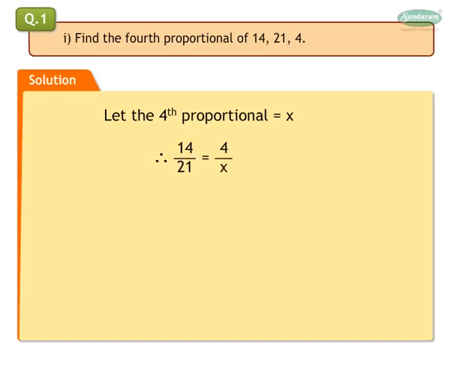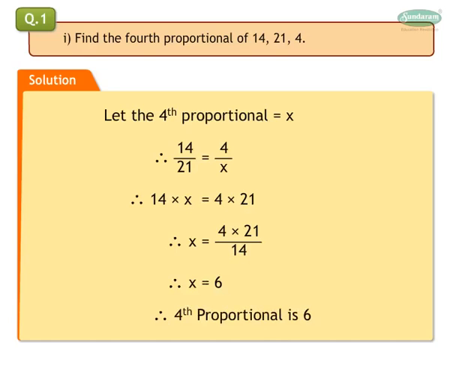Now let us cross multiply to solve the equation. Therefore, 14 into x is equal to 4 into 21. Therefore, x is equal to 4 into 21 upon 14. On reducing we get x as 6. Hence, fourth proportional is 6.